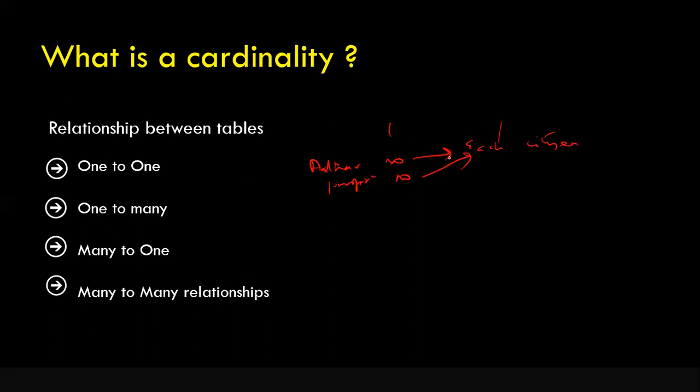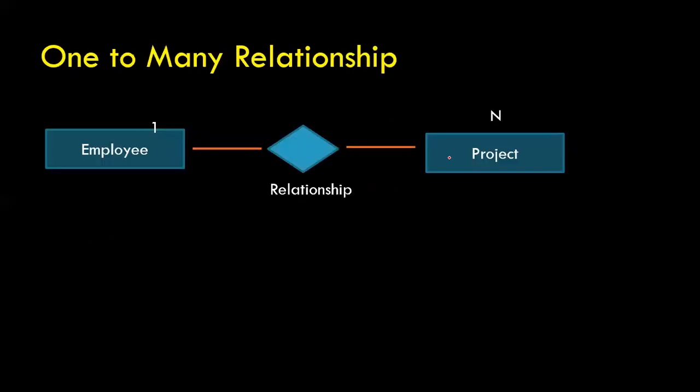So next, what is one to many? Why don't you think and tell me the difference? Take employee and project. A single employee is working on more than one project. Let's say you're studying in a college; a student can work on more than one project as part of the final semester.